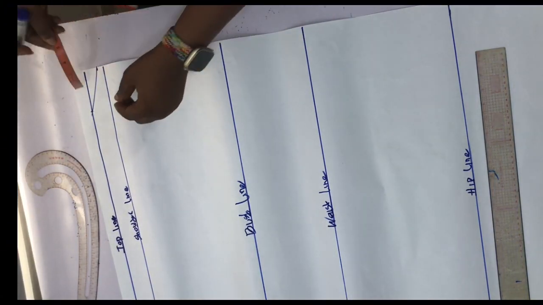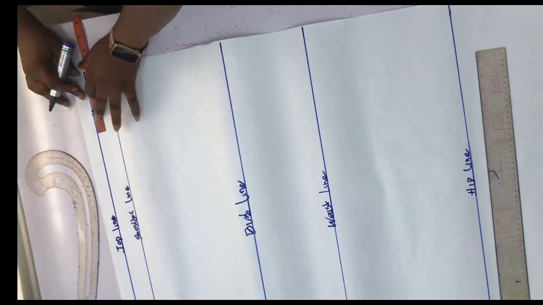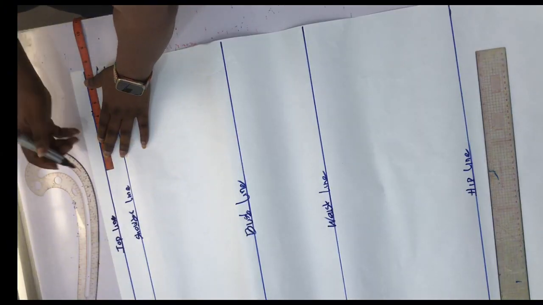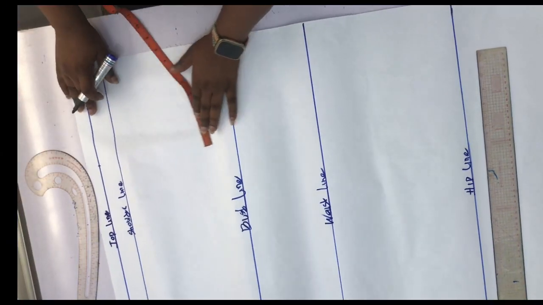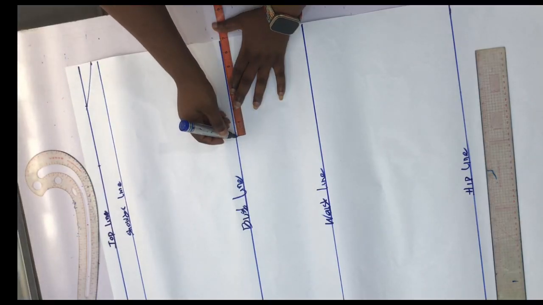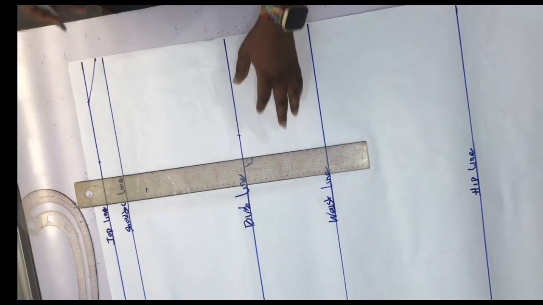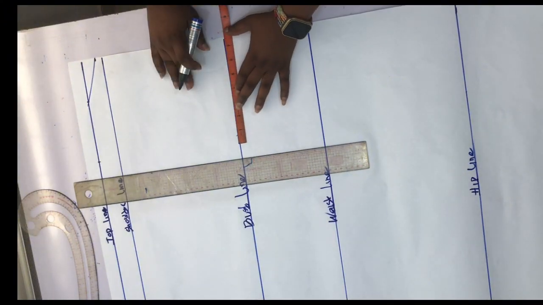So I'm going to measure it, and as you can see, I did not use a curvy side. I used the almost straight part of our armhole curve. Then I'm going to go ahead and measure my shoulder measurement divided by 2 on the top line and on the bust line, and I'm going to be connecting it.